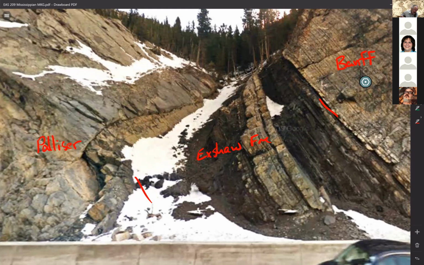That's the Frasnian-Famennian boundary. These are stages of time, so they're subsets of the periods like the Devonian period. And you don't need to remember them really, but the Frasnian-Famennian boundary is in the Palliser.